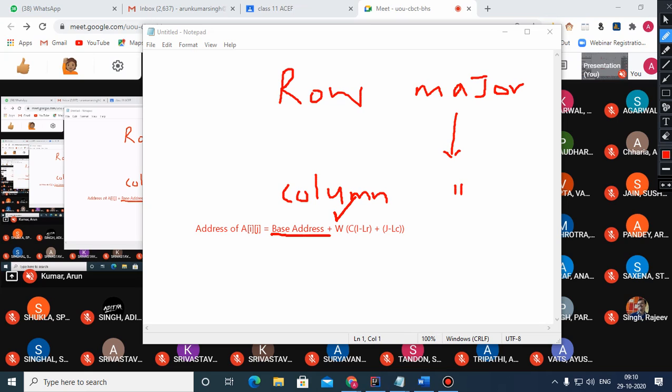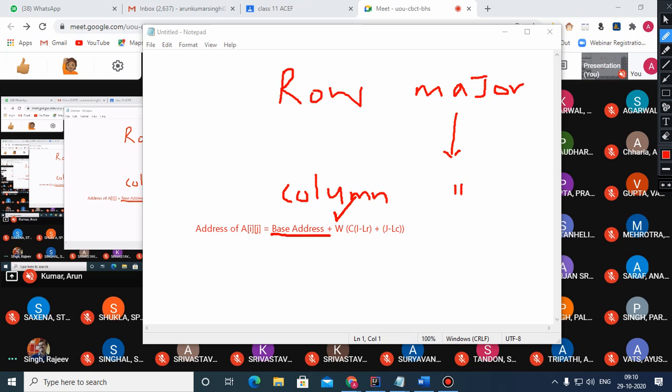If the array is double type, its size will be 8 bytes. If the array is float type, again its size will be 4 bytes. If it is short type, its size will be 2 bytes. If it is character type, its size will be 1 byte, and if it is boolean type, its size will be 1 byte.